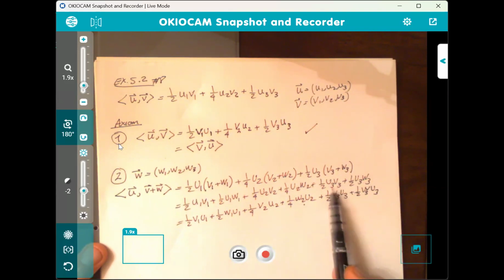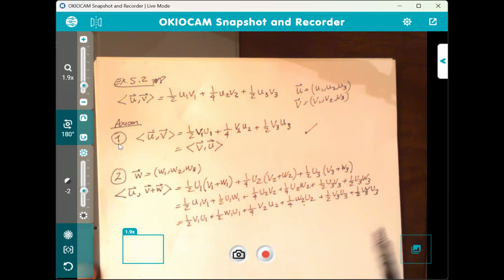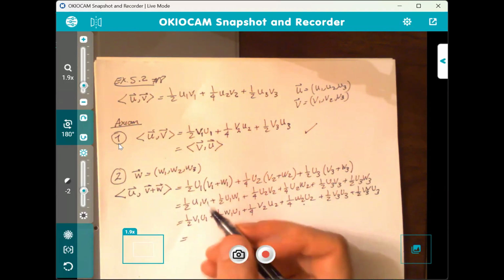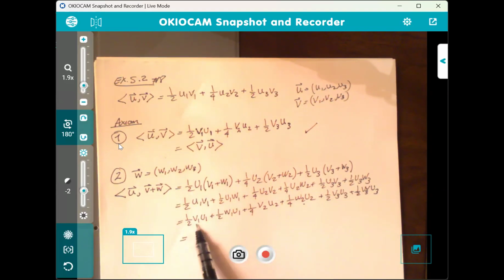I'm just swapping these, folks. Okay. And then finally, what we can do is this. And this would be the half of v1 u1, right?